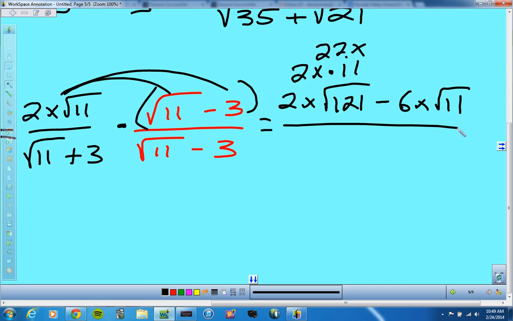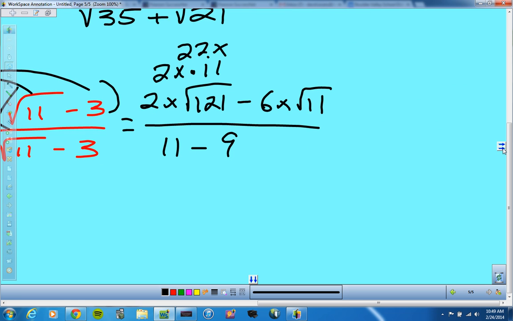Okay, so square root of 11, right? Because we're multiplying by the conjugate here, square root of 11 times square root of 11 is 11. And then positive 3 times negative 3 is 9. Multiplying, right? So 11 minus 9 is 2. So now I'm going to write it as two separate fractions.